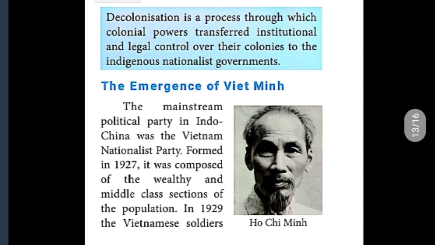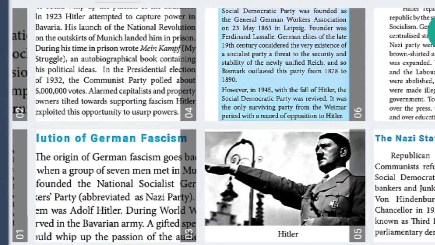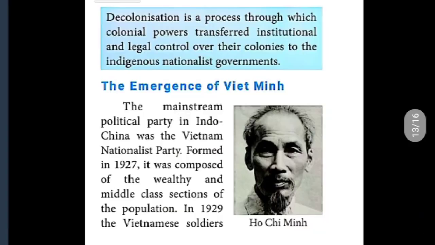The mainstream political party in Indochina was the Vietnam Nationalist Party. Children, listen. This party was formed in the year 1927.